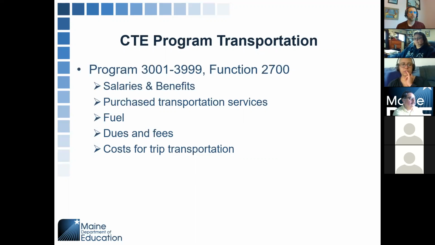If you're transporting kids to a job site, or maybe because you have a co-curricular, you're moving them around for that, or doing some job shadowing, and so you have some transportation costs for a particular program, for those, you need to code it right to the program using function 2700.